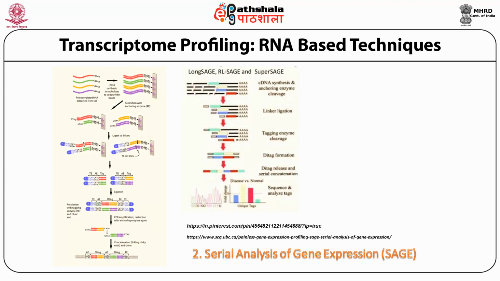Serial analysis of gene expression, or SAGE, is another very efficient and painless gene expression profiling method. It is a transcriptomic technique used by molecular biologists that allows simultaneous, rapid, detailed analysis of thousands of transcripts in a cell. Here we depict a schematic flow diagram and different types of SAGE that are commonly used.